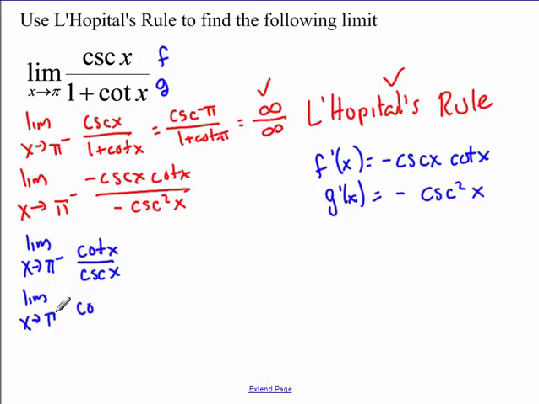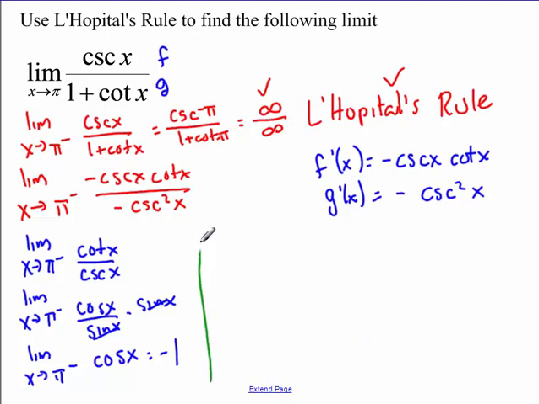Cotangent is cosine over sine. 1 over cosecant is sine. So this simplifies to the cosine of x. That limit is equal to negative 1.